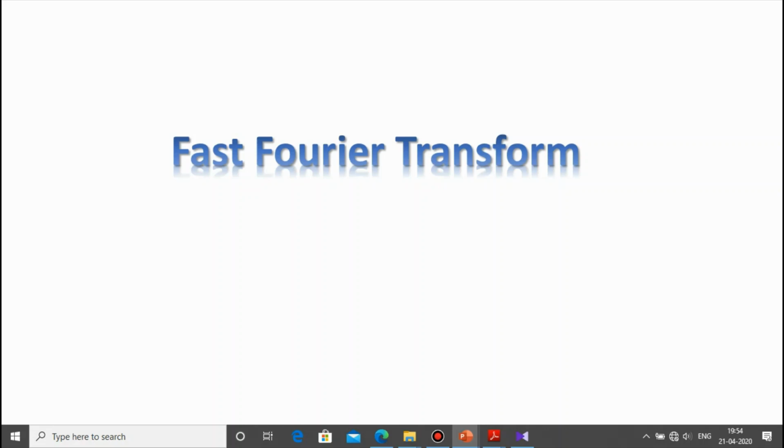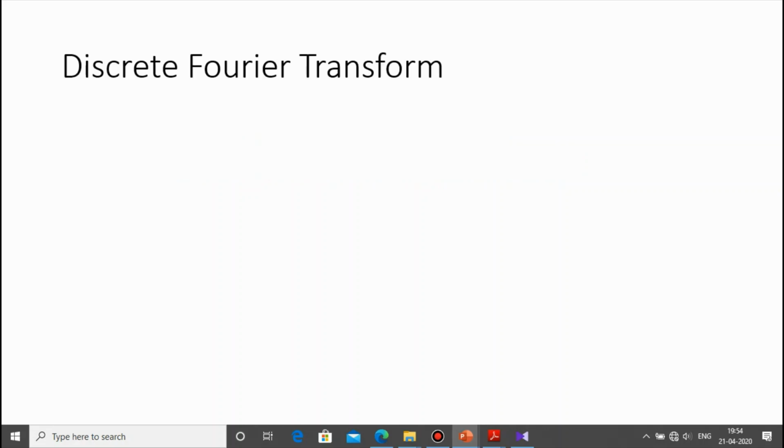Now, before entering the FFT algorithm, let us recall the mathematical definition of DFT, the discrete Fourier transform.